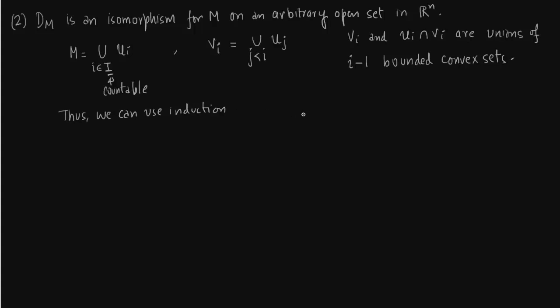We can start with an assumption that dVi and dUi intersection Vi are isomorphisms, and we need to prove that dUi union Vi is an isomorphism.